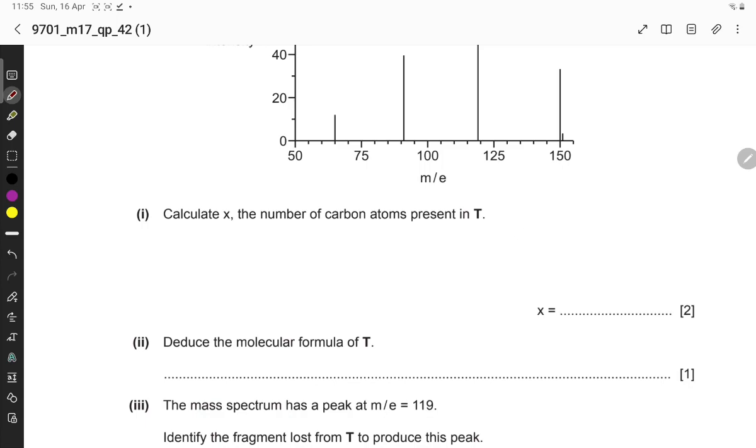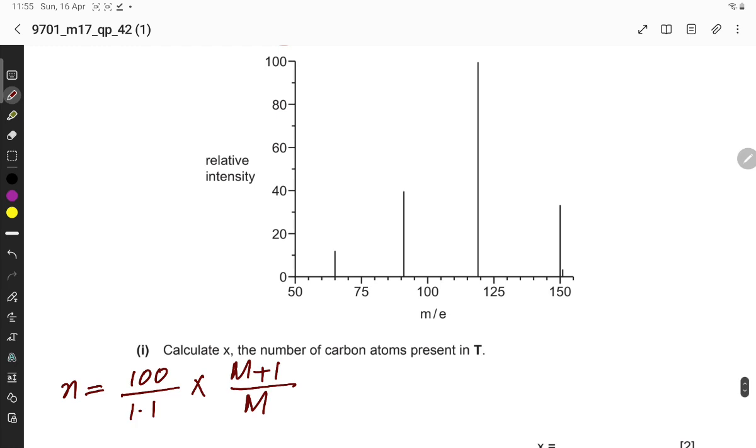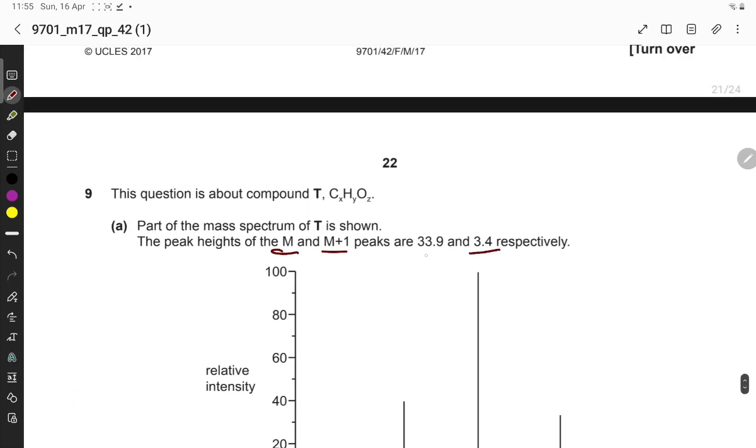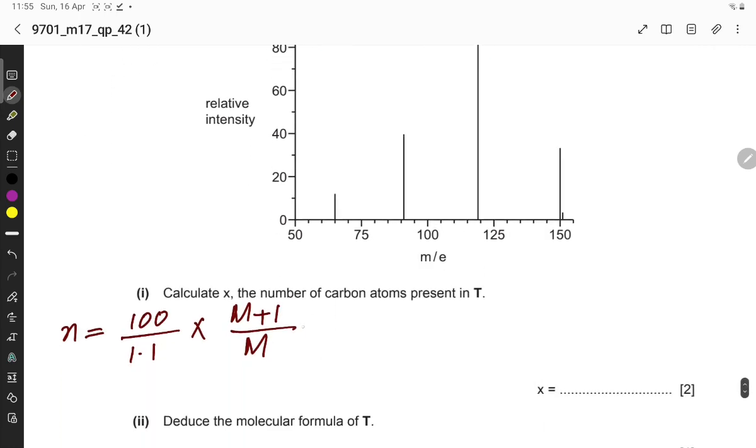I have discussed the formula to find the number of carbon atoms in a previous video. This is the formula: 100 divided by 1.1 into (M plus 1) divided by M. The relative abundance of M and M plus 1 is given, so by using this expression I can calculate the number of carbon atoms.